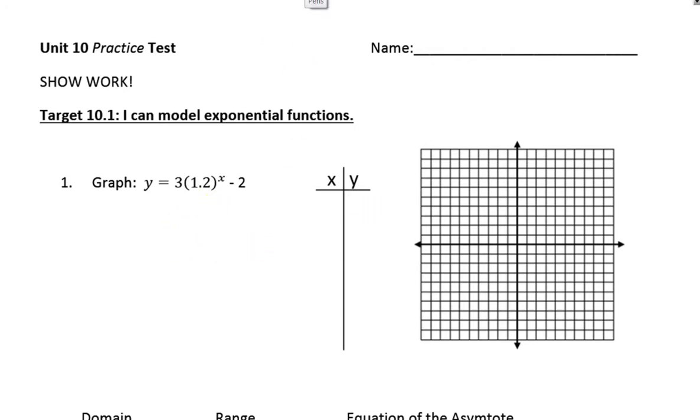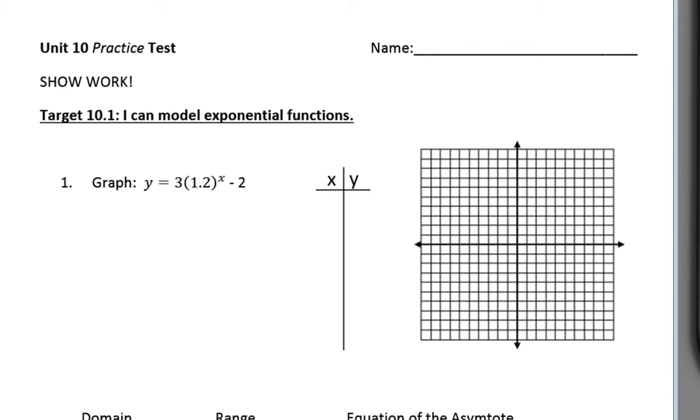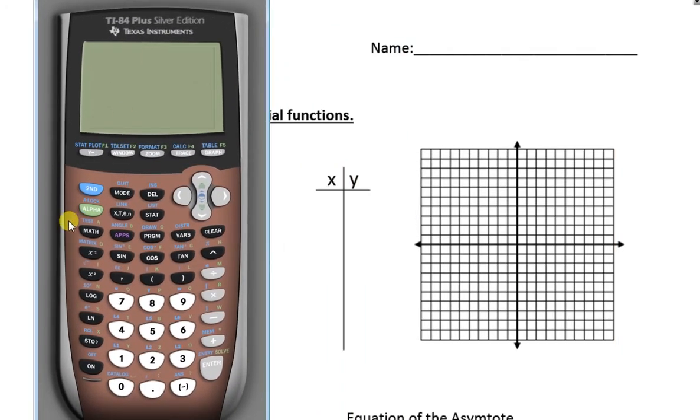On the calculator, I plugged in the function, 3 times 1.2 to the x power minus 2, and clicked on second table. Here's some values. If you go a large negative number like negative 100, it's going to round it to negative 2.